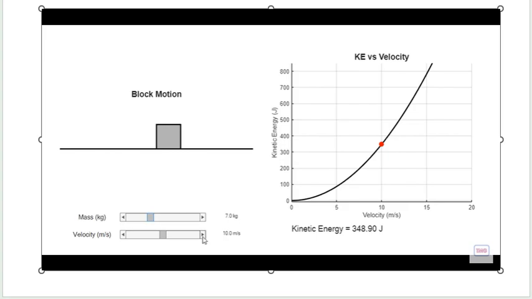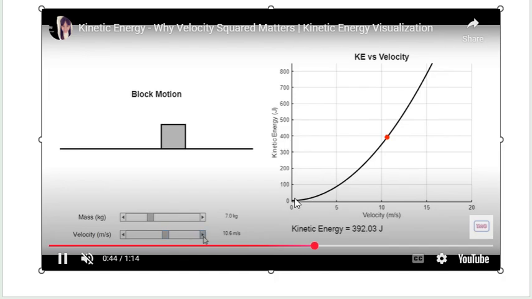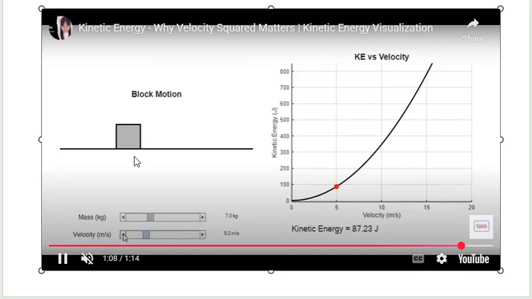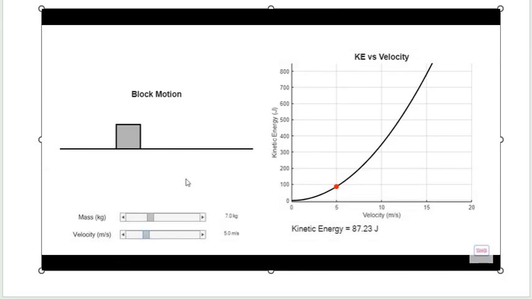We get a little exponential graph because of the square on the V. Your graph is not a straight line, it's going to be a curve. If you increase the mass or increase the velocity, kinetic energy grows that way. So you will need more energy if you have a bigger mass for it to move.